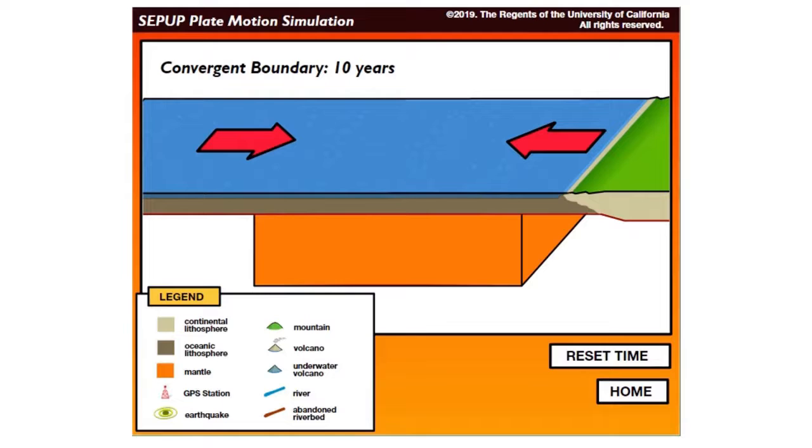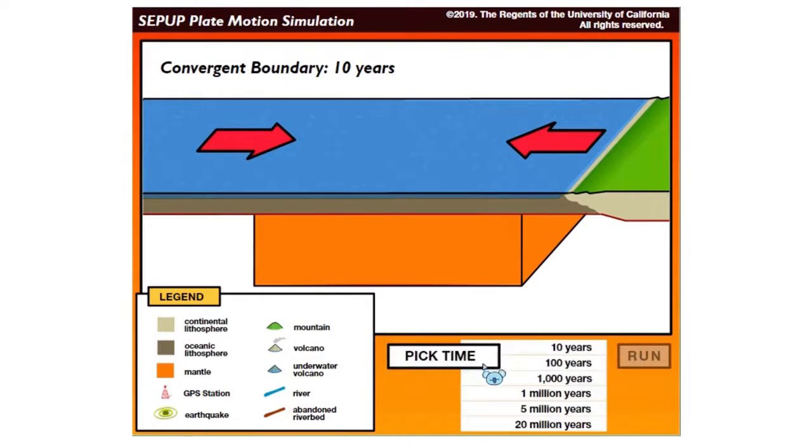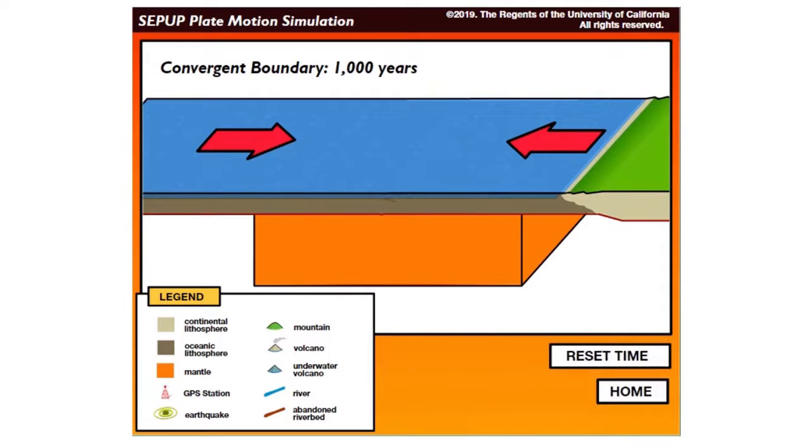Although there could have been earthquakes under the ocean, since the two plates are moving toward each other. Let us now proceed to 1,000 years. Have you noticed something? Yes, notable earthquakes occurred as the plates moved closer to each other.